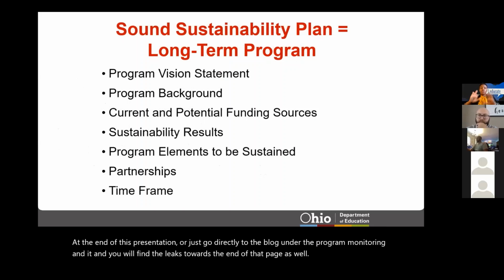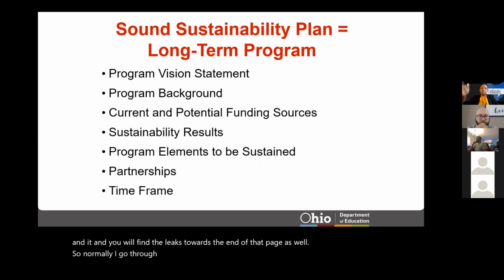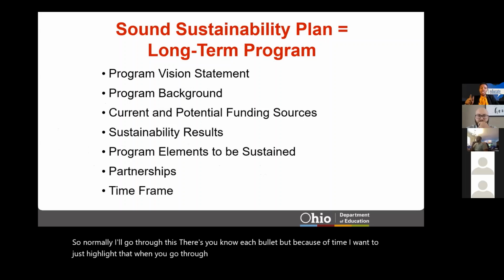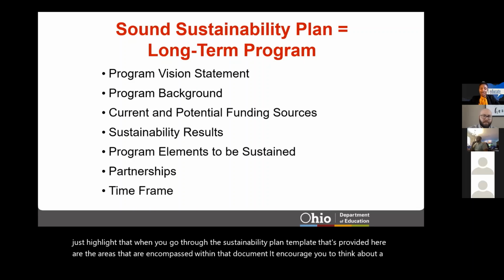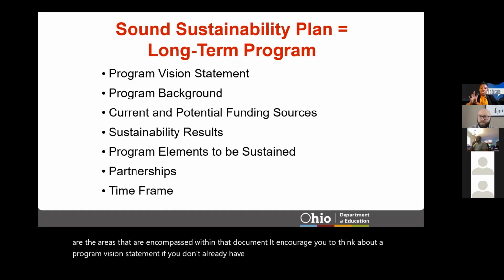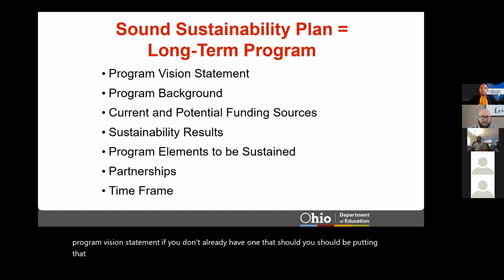Normally I go through each bullet, but because of time, I want to just highlight the areas encompassed within the sustainability plan template that's provided. It encourages you to think about a program vision statement if you don't already have one. You should be putting that there to help guide your efforts with sustainability.